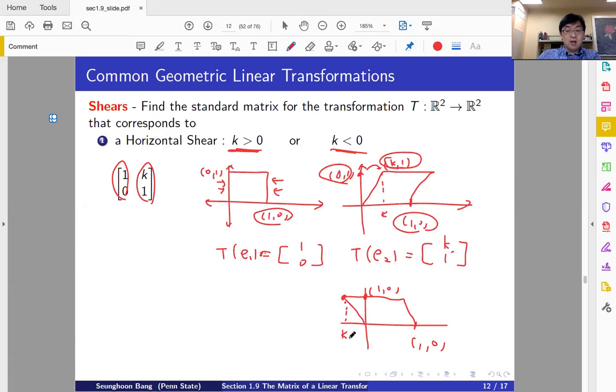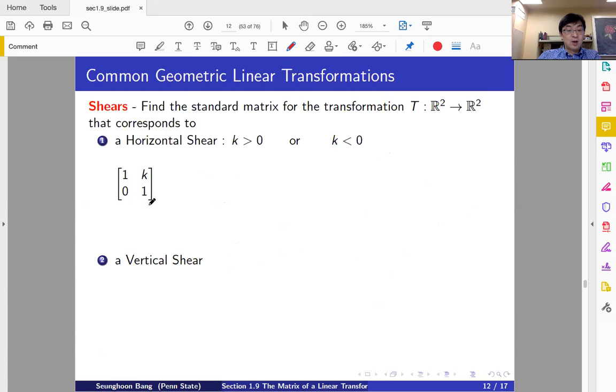This is negative K, so we have (K, 1). T(e1) is the same, T(e2) is the same. The only difference is K is a negative number, so we have the same result. The vertical shear is similar, K greater than 0, K less than 0: 1, K, 0, 1. How can you know this kind of thing? Similar.